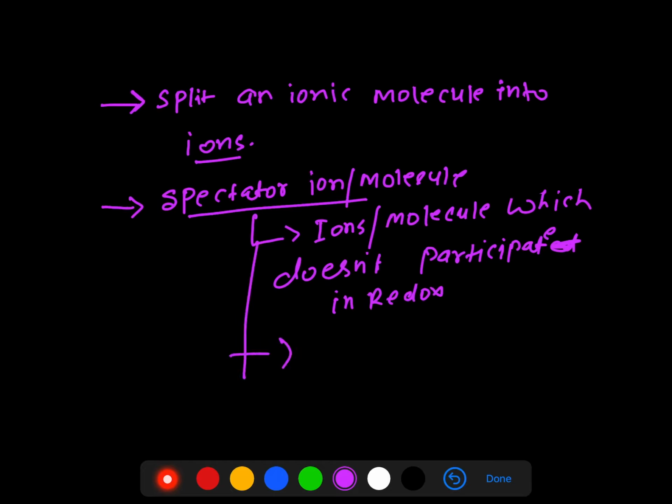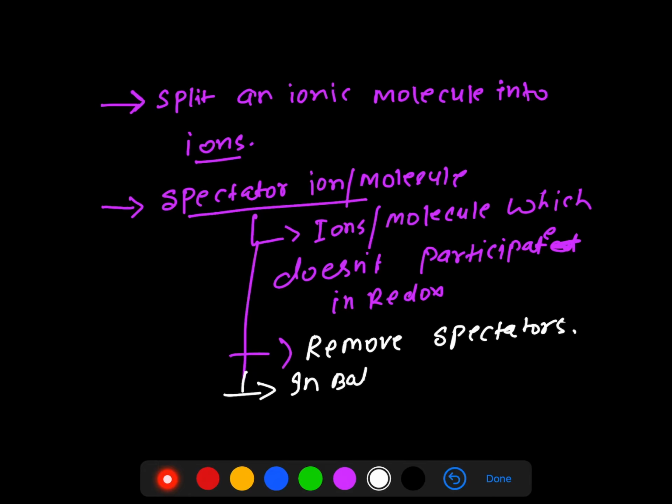So we will always remove spectator ions. Always remove the spectators when you start balancing. Later on, once you have balanced, in the balanced redox, bring back the spectators.